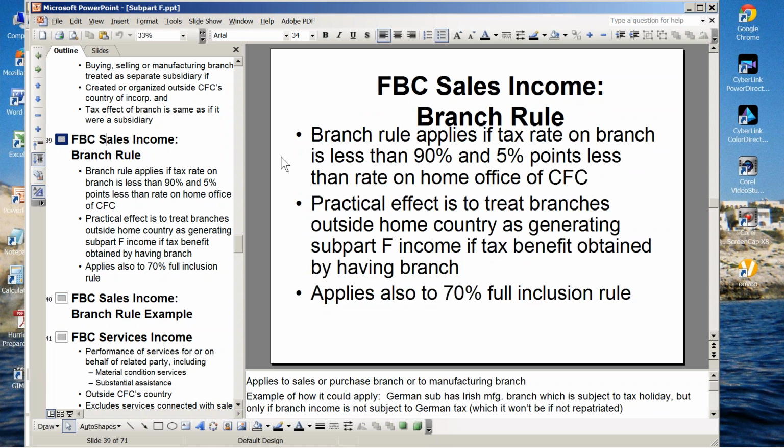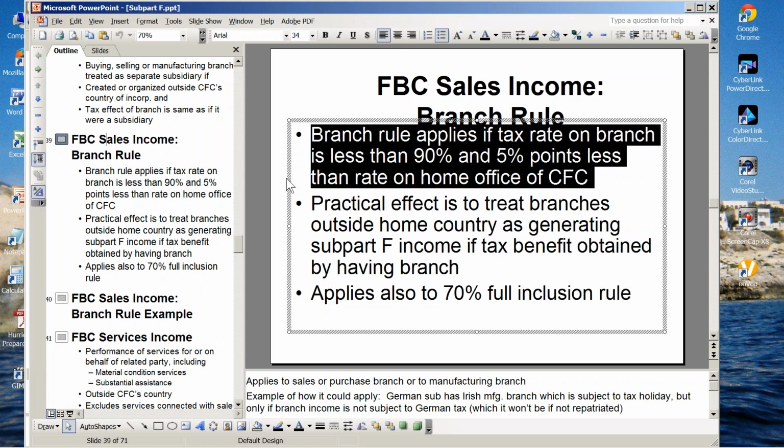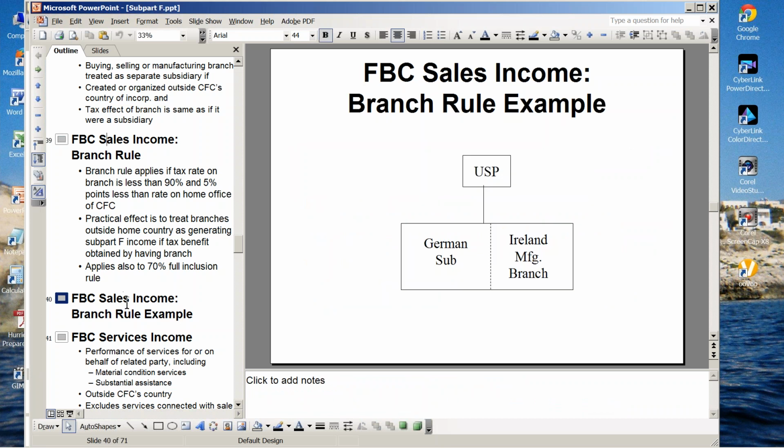So we meet this test that the tax rate on the branch, Ireland in this case, is less than 90% of and 5 percentage points less than the tax rate of the home office of the CFC, or Germany. So in this Ireland-Germany scenario, we've got a rate differential of nearly 20%, regardless of what part of Germany. So the branch rule would apply in this particular case.